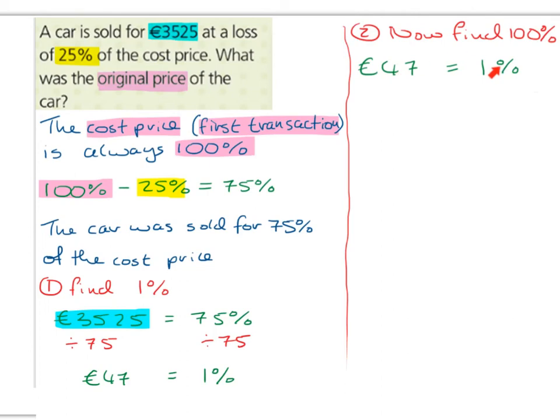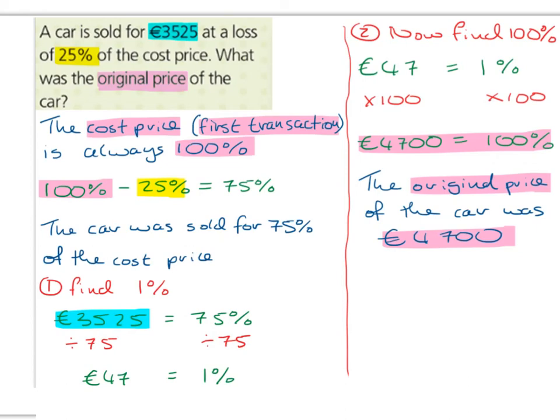So €47 equals 1%. Multiplying both sides by 100, €47 times 100 gives us €4,700, and 1% times 100 gives us 100%. So 100% is €4,700, which is the original price. So the original price of the car was €4,700.